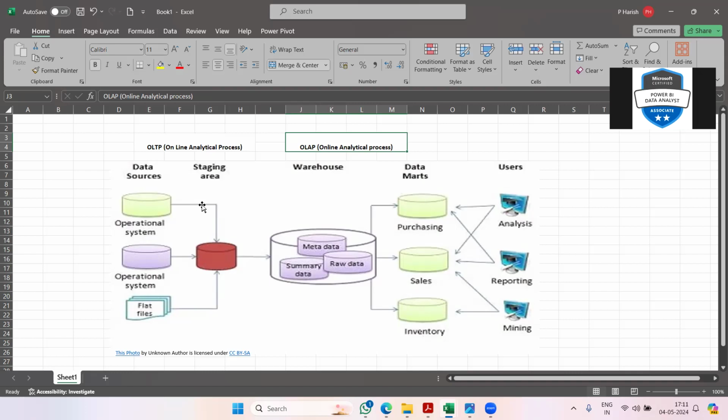Suppose you take a bank database system. It is going to have millions of customers. But at one point of time, a single customer comes to the branch and says, this is my customer ID, I want to know so and so information.